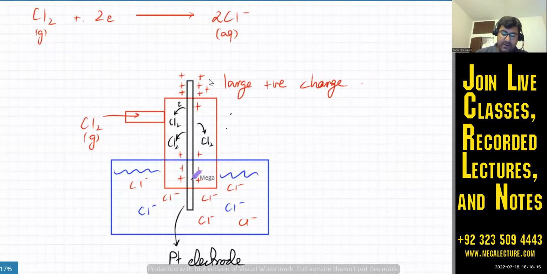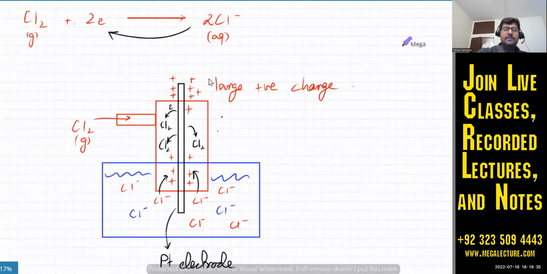The metal will want its electrons back. The positive charge will become so big that it will take the Cl- and start pulling electrons back from it, because the rod is so electron deficient. So there will come a point where the reverse reaction will also start to happen.